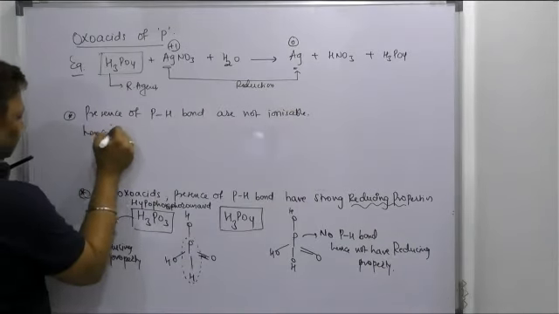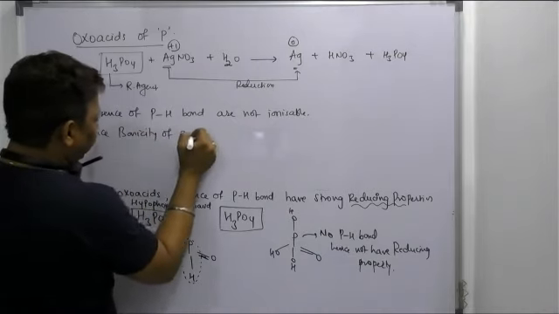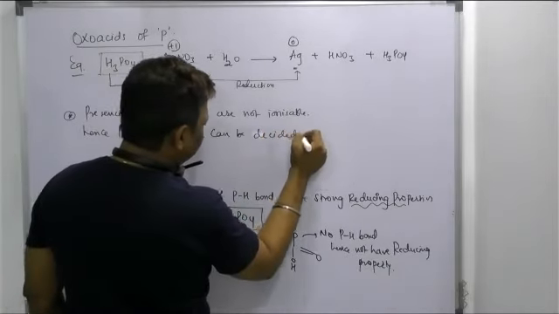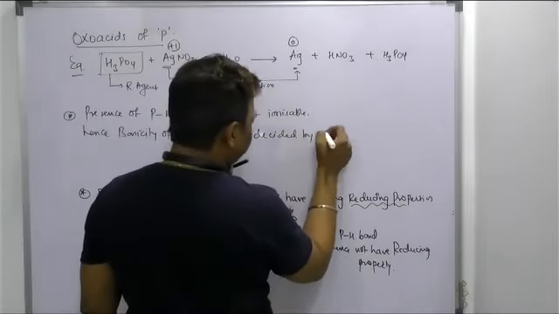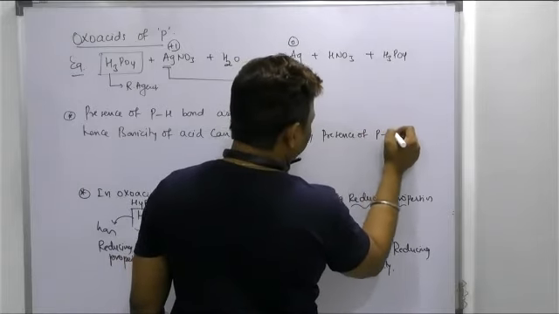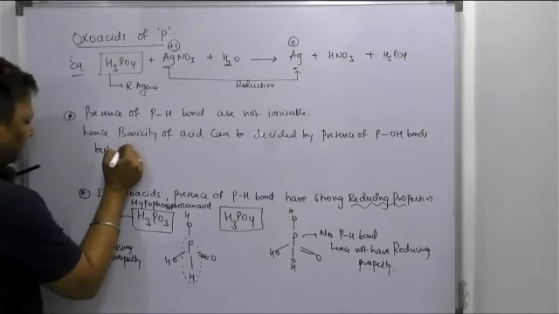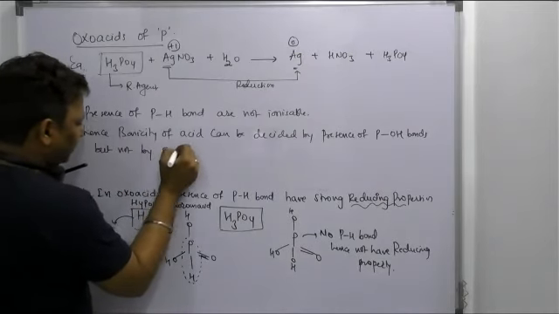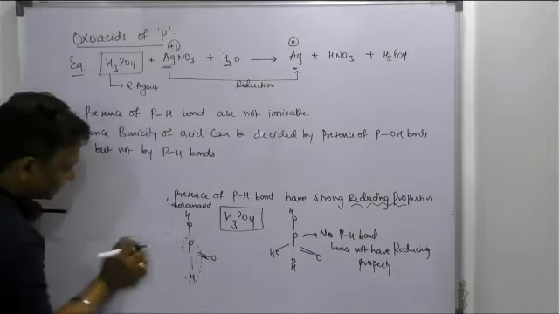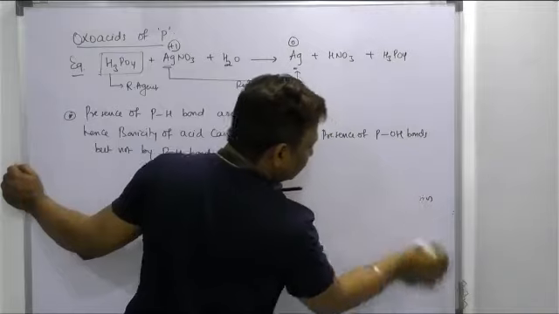Hence the basicity of an acid can be decided by the presence of P-OH bonds, but not by P-H bonds. For example, I'll show you. The basicity of acids can be decided by the P-OH bond, because these are acids.